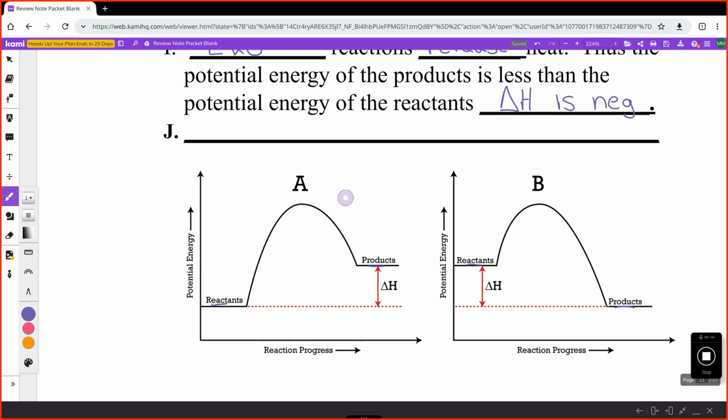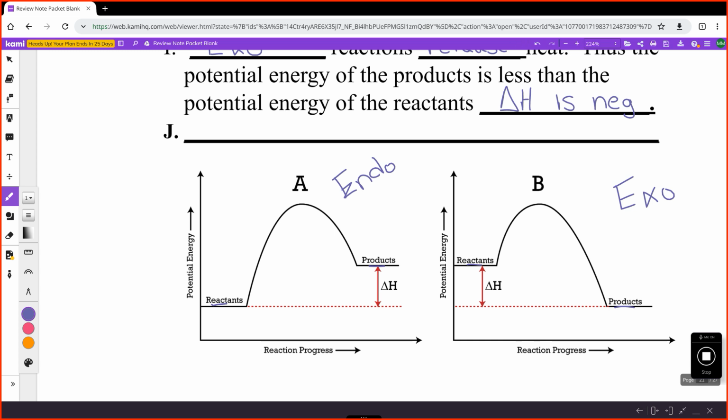They represent the endothermic graph on the left, because energy has been absorbed. We have increased the amount of energy in the system, endothermic, and exothermic on the right side, where we see the amount of energy being less. It has lost heat throughout the course of the reaction.